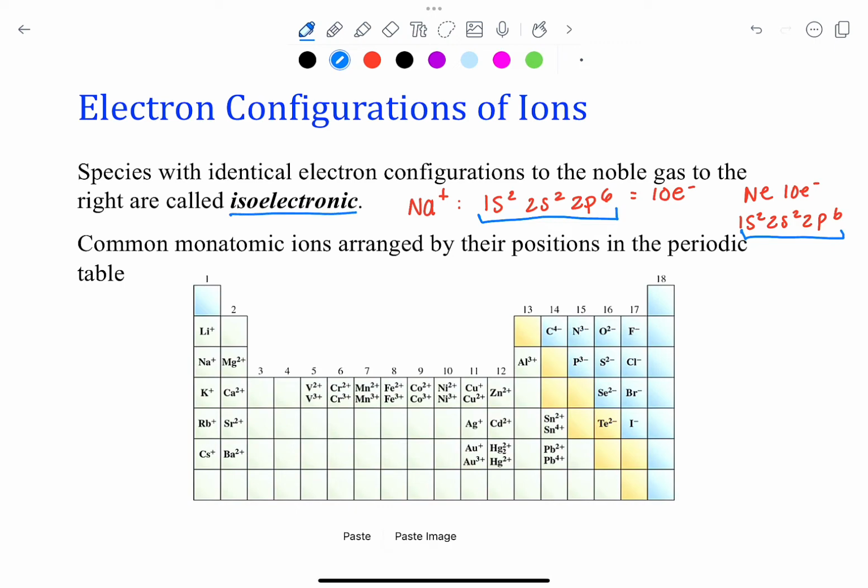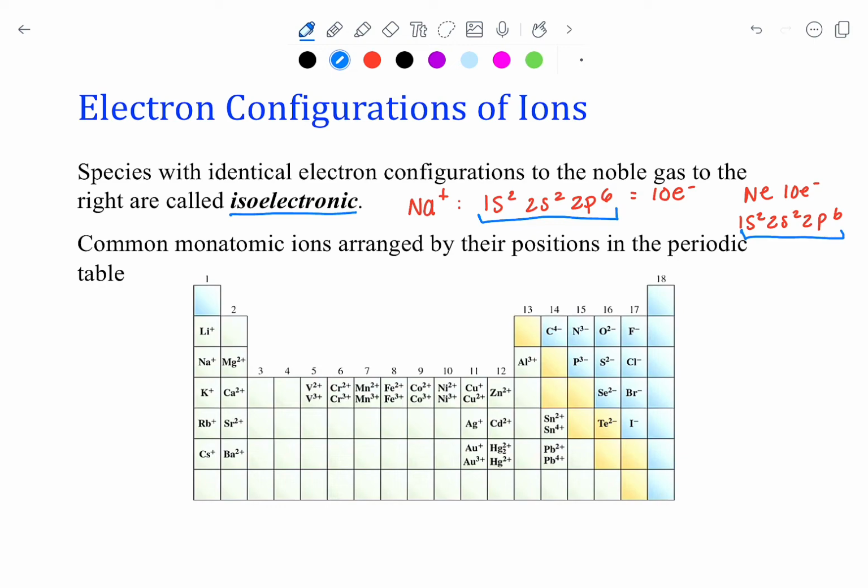They have the same number of electrons in the same electron configuration, because electrons are just numbers that we add in. So if they have the same number of electrons, they have the same electron configuration. So they are isoelectronic. Now, if we look at these monoatomic ions, here's carbon 4 minus, nitrogen 3 minus, oxygen 2 minus, fluorine 1 minus.